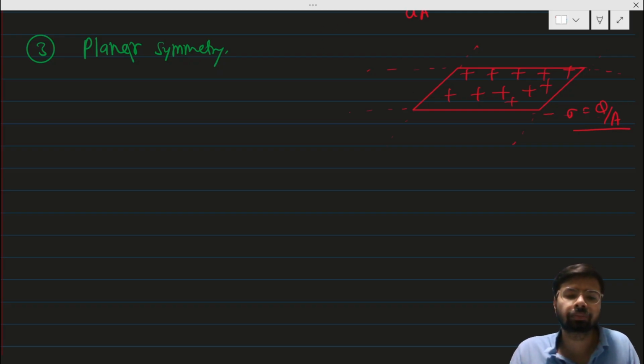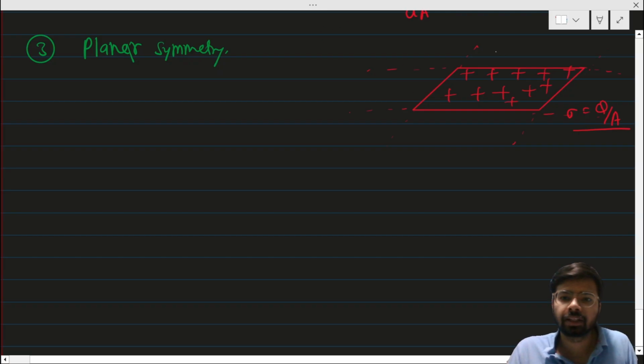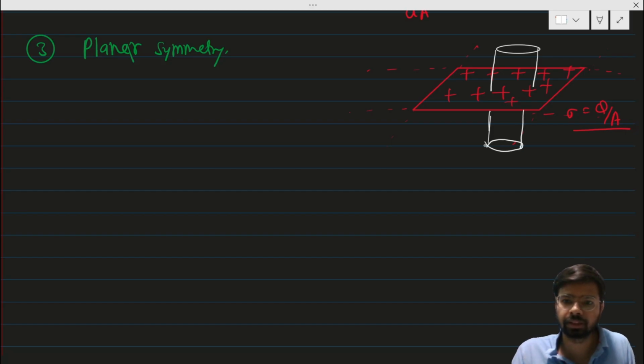So let's consider a Gaussian surface, like this is a cylinder, and this will be going outside like this. So electric field lines from this planar sheet will be like this in this direction, E vector, and below this it will be like this.